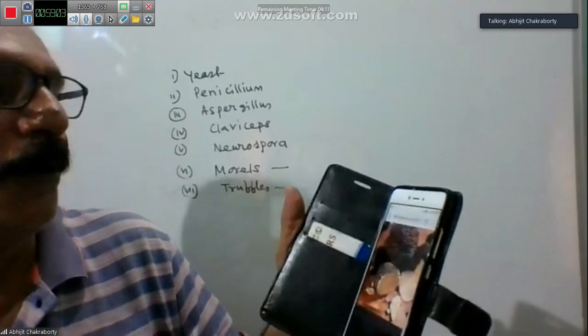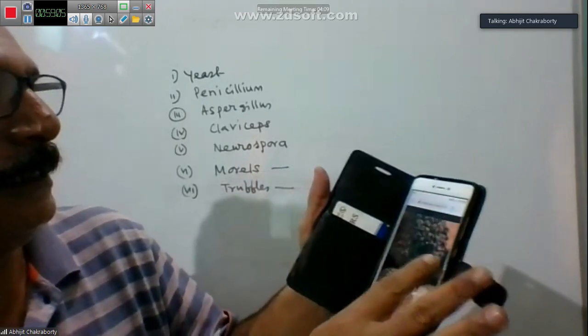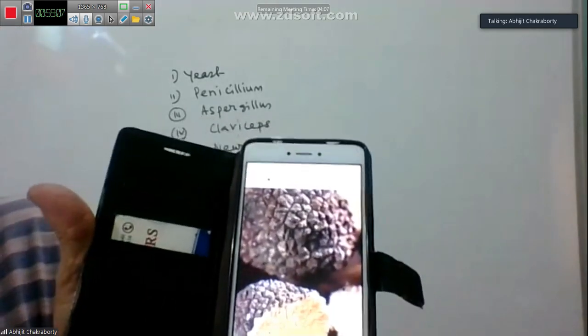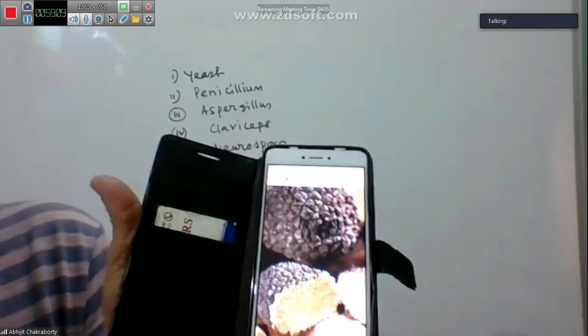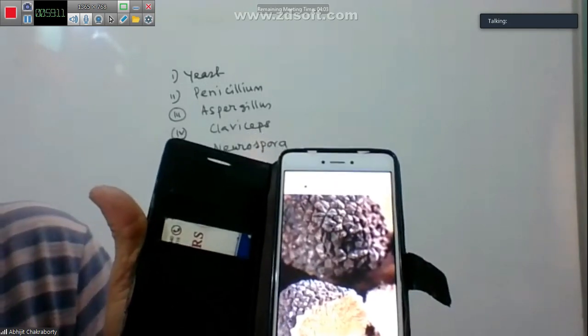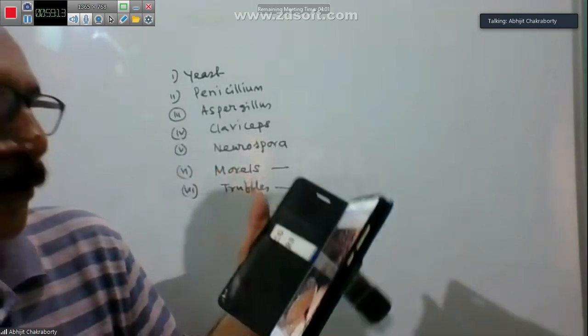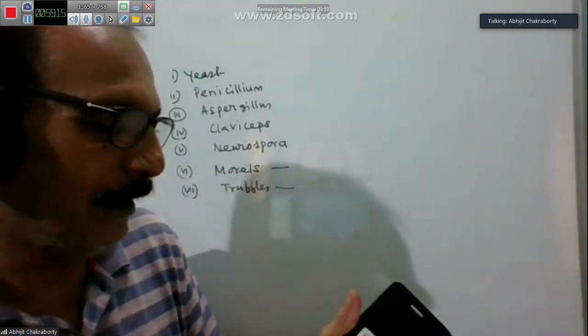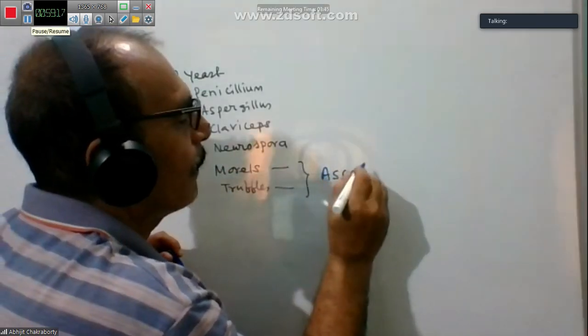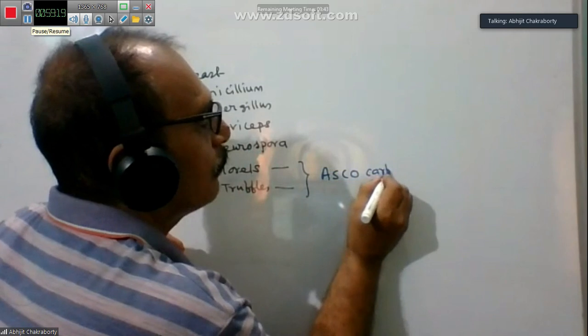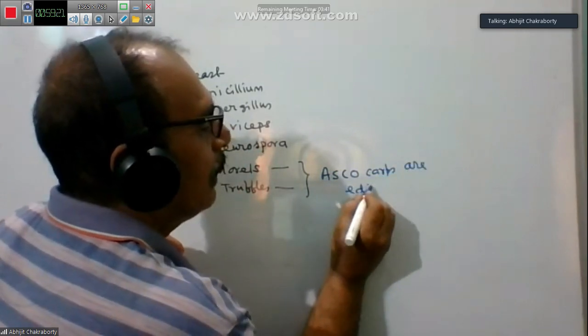So these are the truffles. These are also ascocarps. Ascocarps are edible.